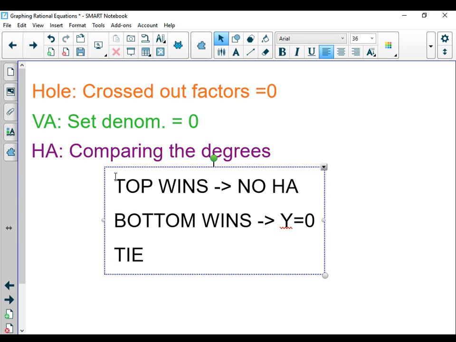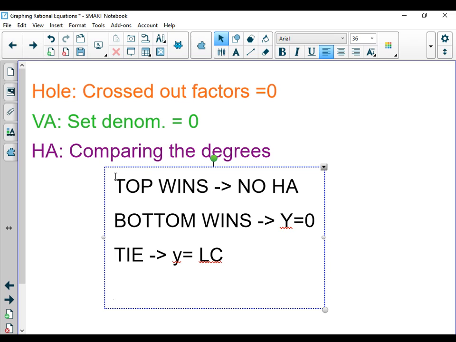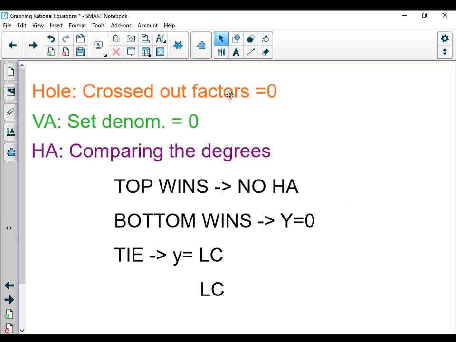And if it's a tie, you're going to do y equals leading coefficient over leading coefficient. Okay, so those are my 3 options for a horizontal asymptote.